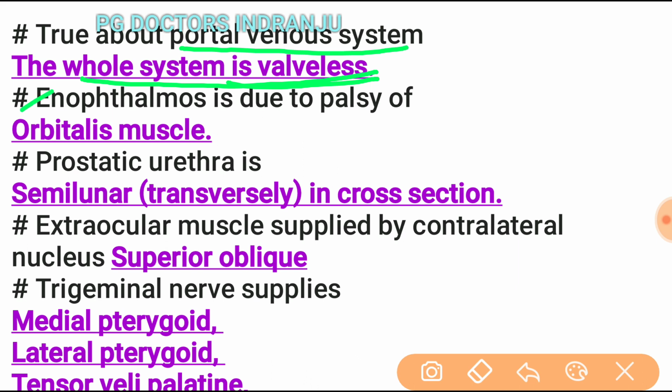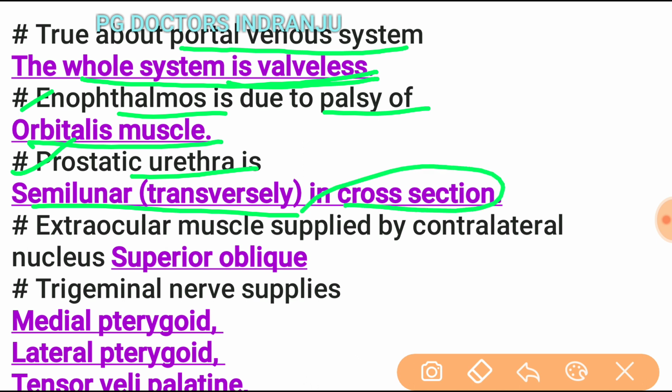Enophthalmos is due to palsy of orbitalis muscle, and the prostatic urethra is semilunar and transversely in cross section. The extraocular muscle supplied by the contralateral nucleus is the superior oblique.